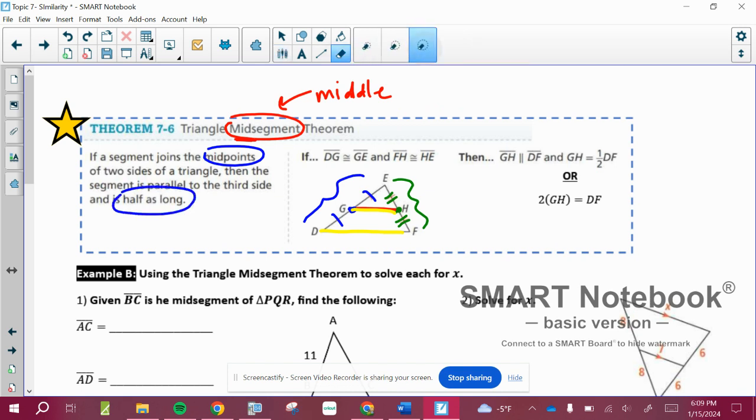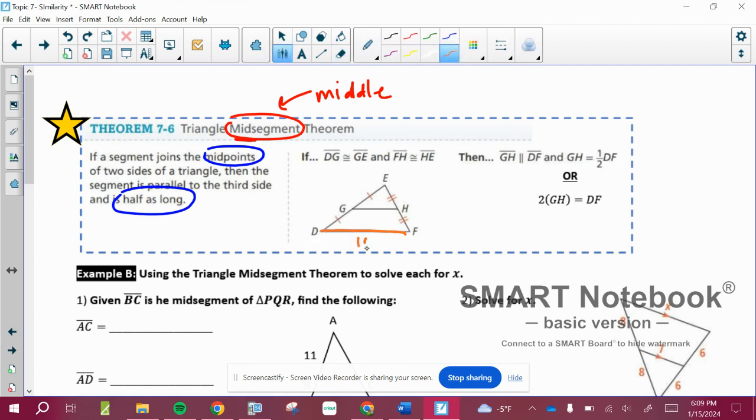For example, let me erase this, make it a little less messy. If our third side here, DF, is say 10, then the mid-segment that's exactly in the middle is half as long. So that would be 5. So that's where this formula comes from. The mid-segment is half the length of the third side.